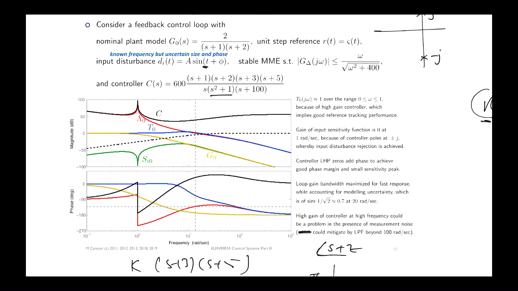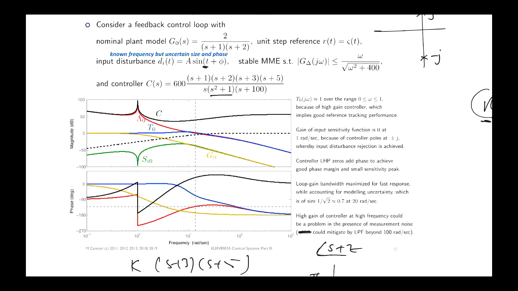All right. And there is another pole at s equals minus 100 to make sure that we're rolling off at high frequency so that the complementary sensitivity function will have small gain at high frequency as required to reduce the sensitivity of the closed loop to high frequency measurement noise, but also to make sure that we're robust to this modelling error.